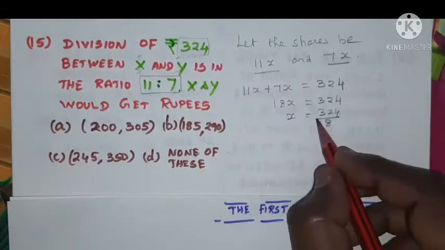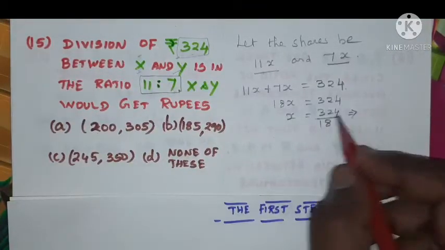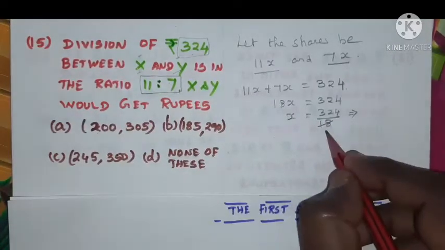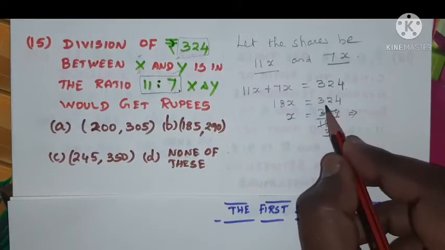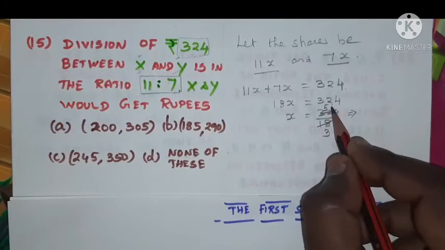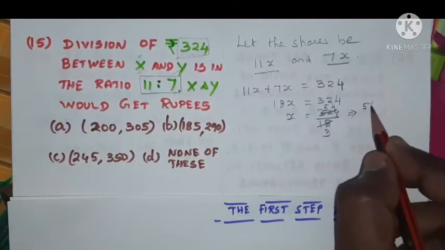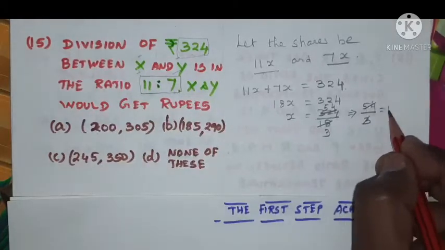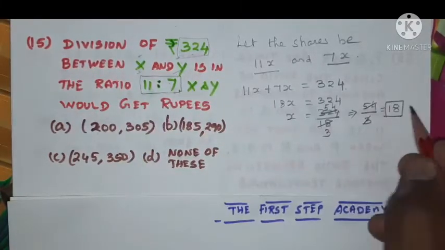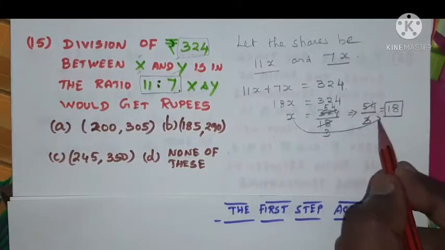324 divided by 18. Further, if I solve this, I will get 3, 6 are 18 and 5, 6 are 30 and 4, 6 are 24. So 54 divided by 3 I am getting. Further, if I cancel, I will get 18. So we found x value is 18.